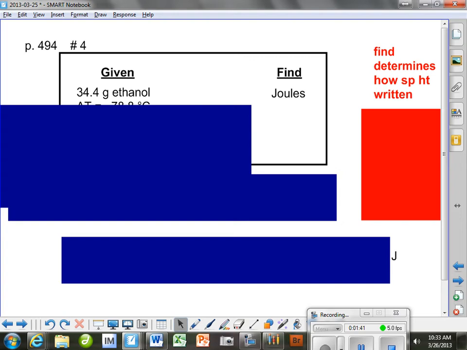34.4 grams. Yes, 34.4 of ethanol. And what else are we going to have? 78.8 degrees Celsius. Is that the, what is that? See, there's three kinds of temperature in these problems.